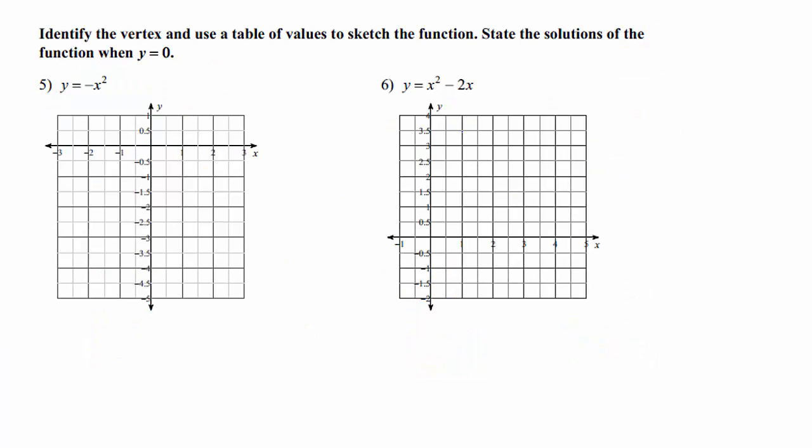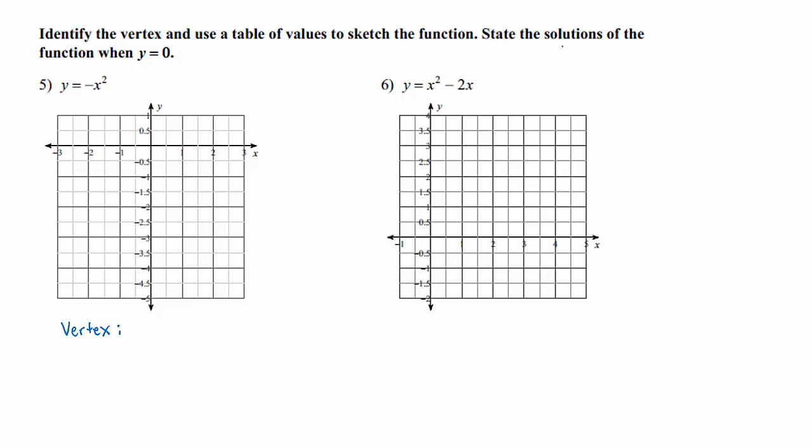Okay, the next kind of problem that we're going to look at is graphing quadratic equations or functions. It says in the instructions, identify the vertex and use a table of values to sketch the function. When you see something like this where it says identify the vertex, typically what that means is that your teacher wants you to tell them what is the vertex.